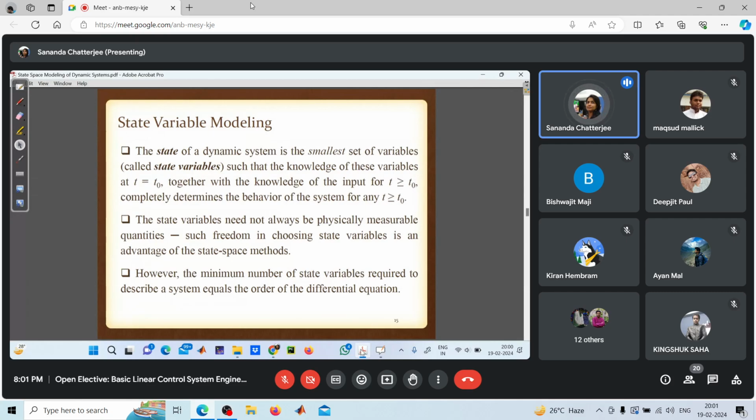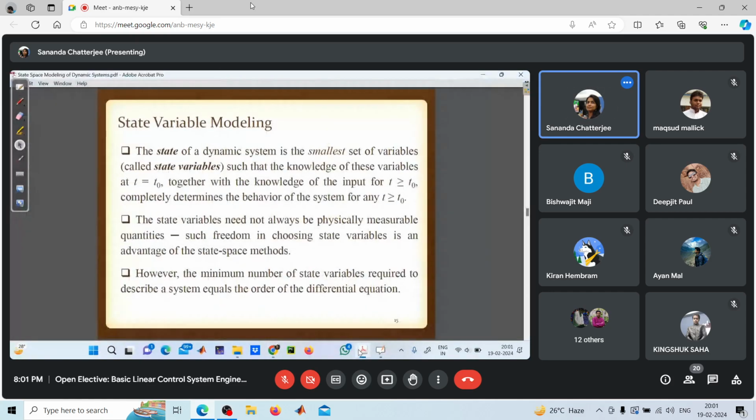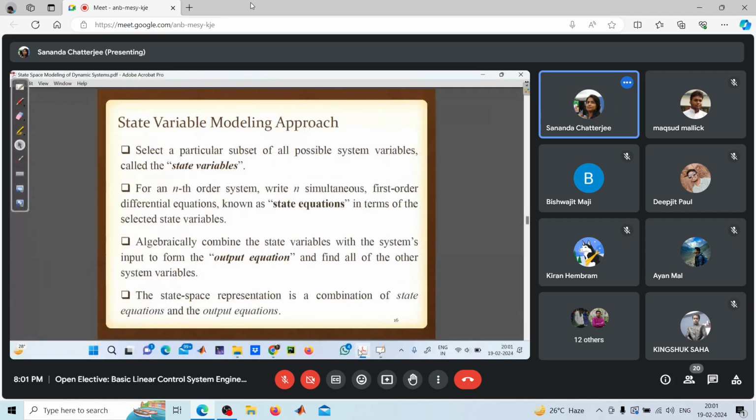Okay, the state variable. Okay, I'll come back to this slide.